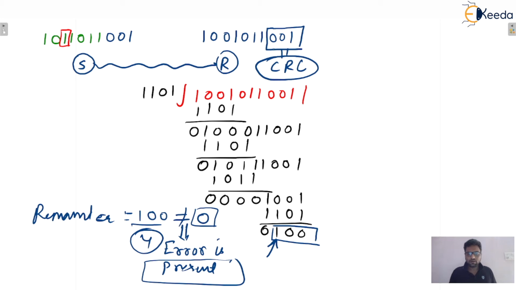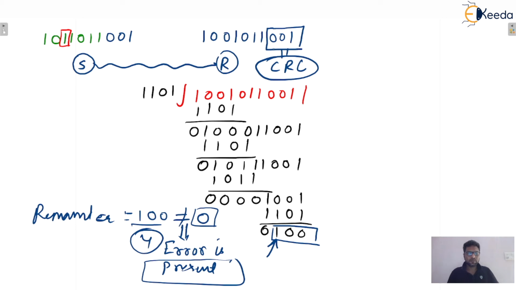The receiver knows the CRC generator is 1101, so it understands that 3 bits from the LSB are the CRC. If the remainder is 0, meaning no error, these 3 bits from the LSB side are removed, and whatever remains is the actual data. I hope this is clear to everyone.